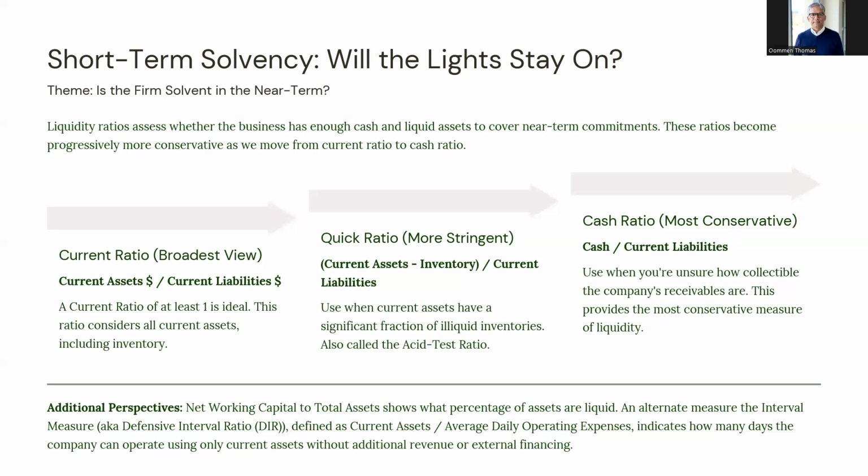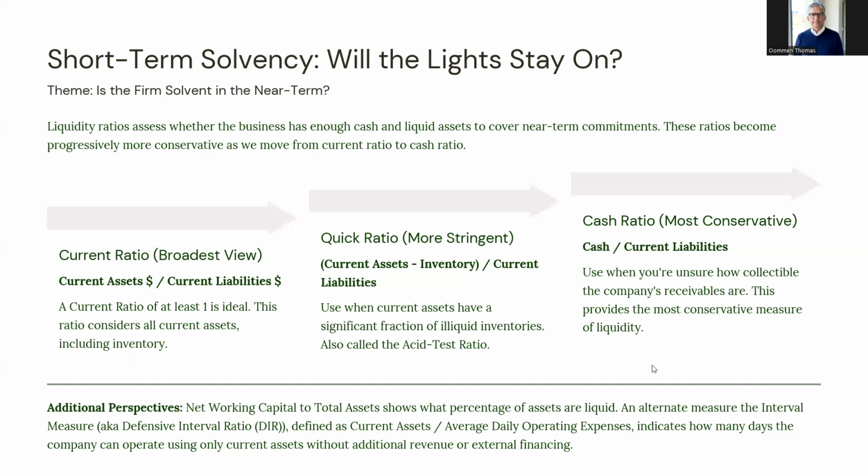Yet another measure of liquidity is called the defensive interval ratio. With the defensive interval ratio, you compare current assets to average daily operating costs. So the thought is, do I have enough cash to cover my daily operating costs on average? You start looking at those kinds of numbers in circumstances where you're worried about not having access to external capital or being able to generate profit from your sales.